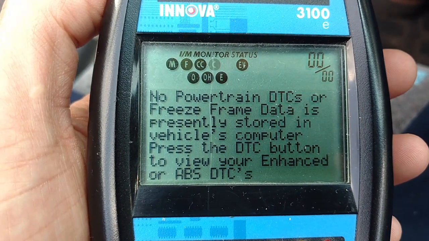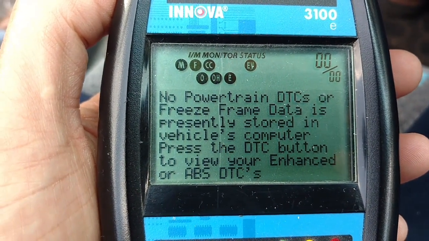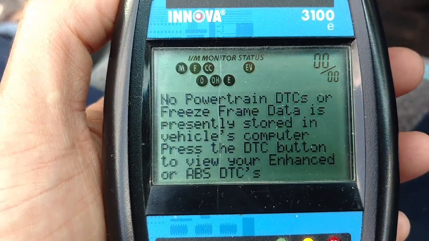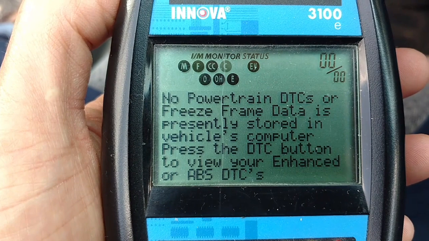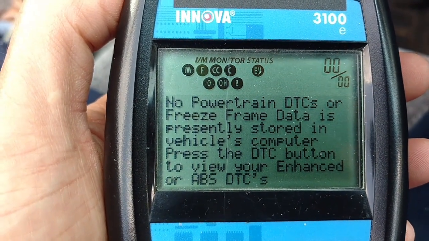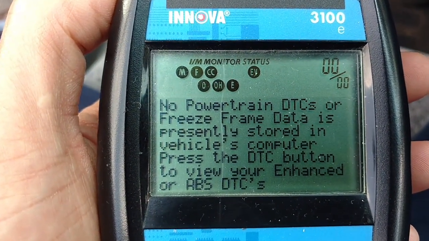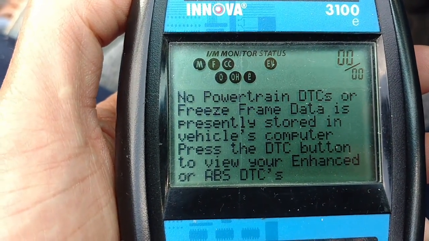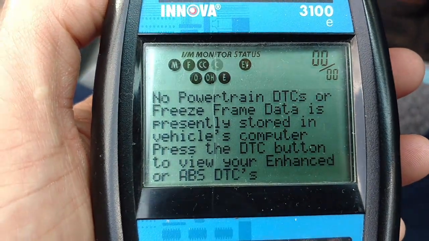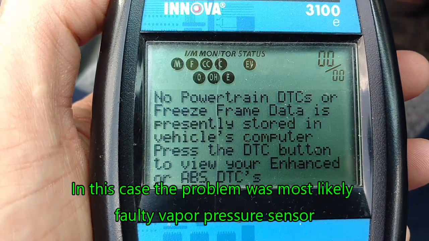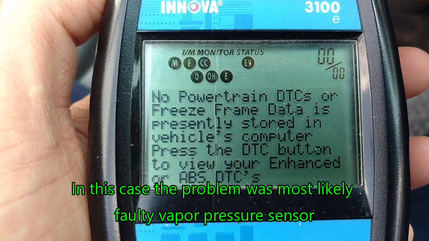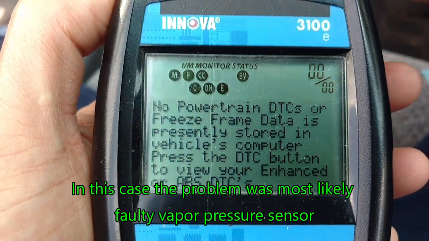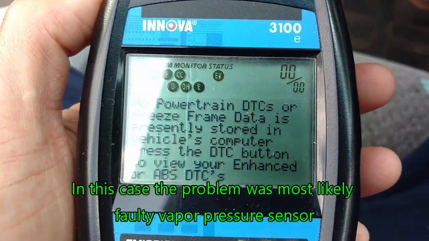The only thing remaining here is maybe some small leak between these lines or between this hose and the charcoal canister hose, or another thing that is impossible to check, the vapor pressure sensor itself, because I don't have the proper tool to test that. I guess this is my guess, anyway, this solved the problem.